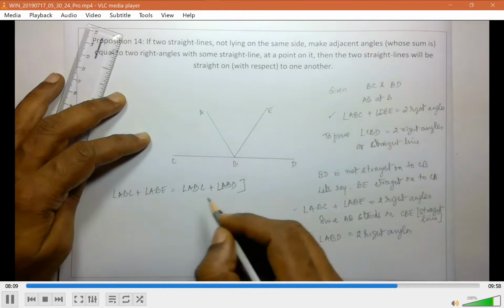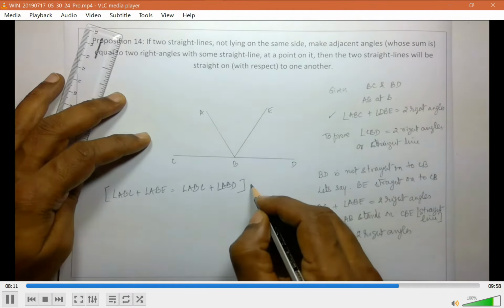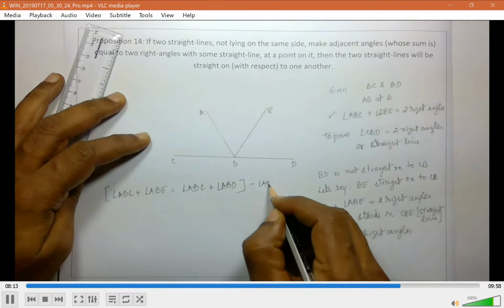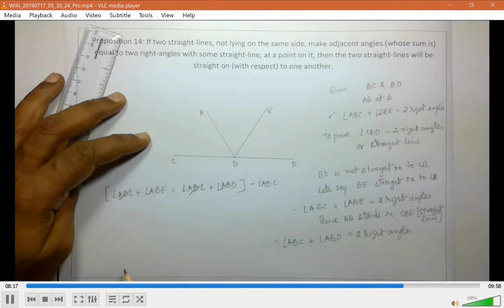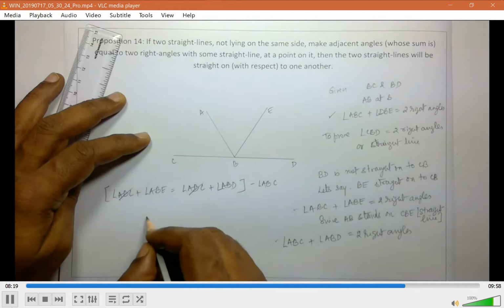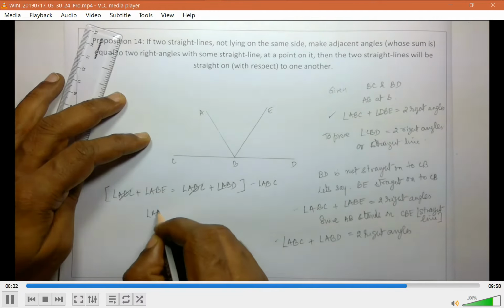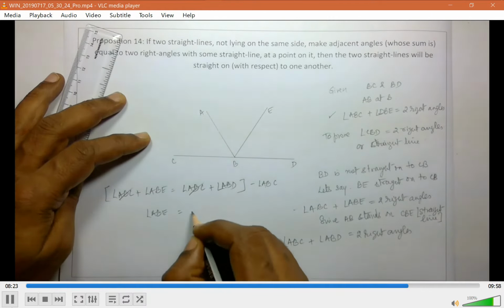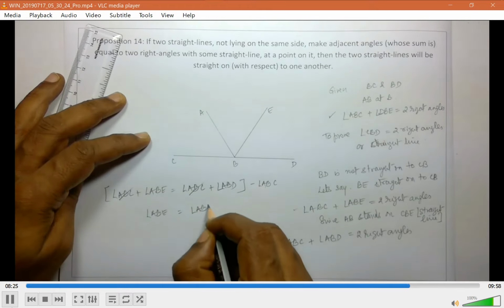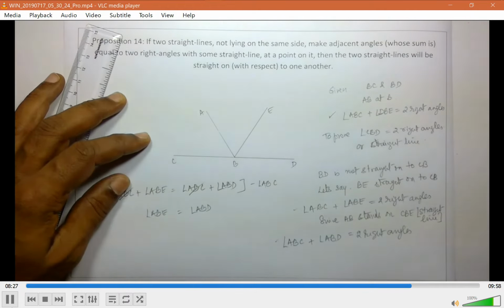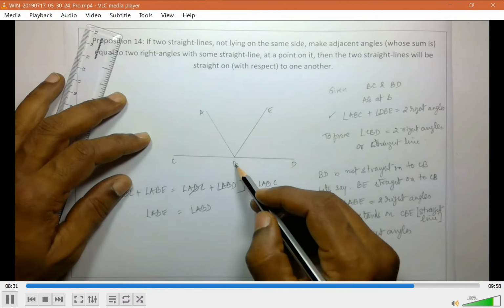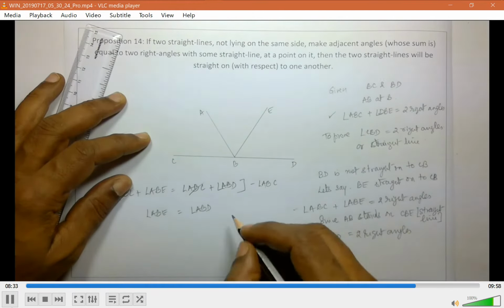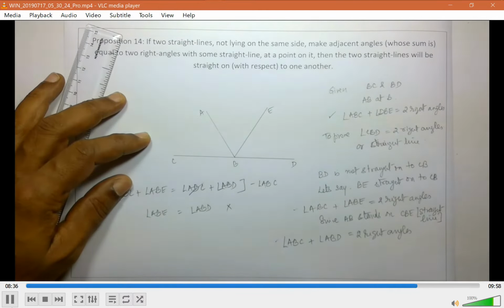So let's remove, minus angle ABC. So this and this get taken out. So we are left with angle ABE is equal to ABD, which is obviously wrong.